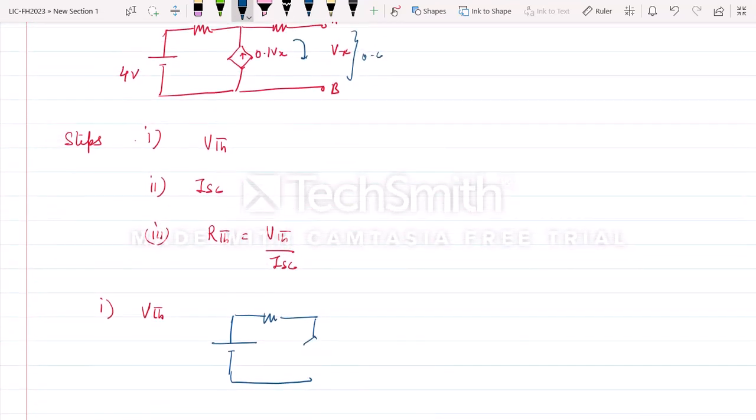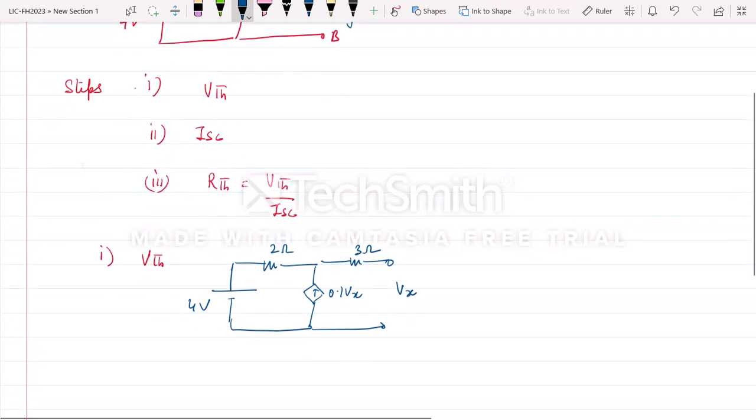Let us write down here: this is 0.1 Vx, this is 2 ohm, this is 3 ohm, 4 volts, and Vx is nothing but VTH. So whatever value we get for Vx, that will be VTH.